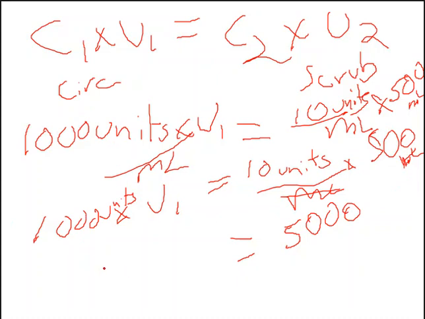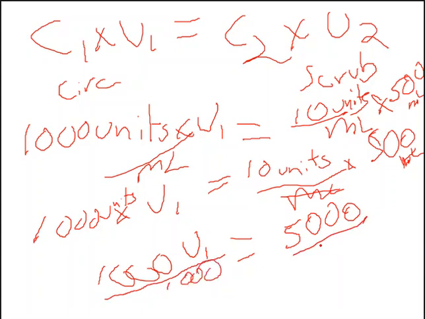We've got the 1,000 times V over here. So then we can divide both sides by 1,000. And find out that our volume 1 is 5, which would be the 5 mLs.